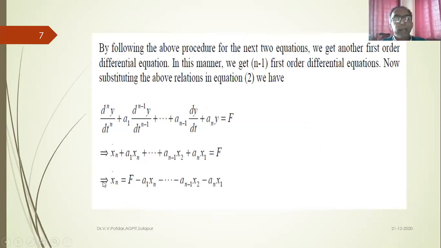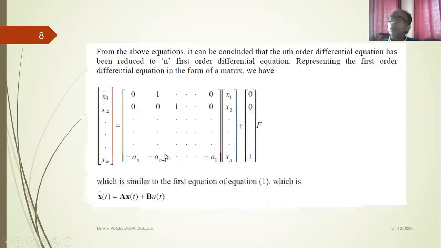That implies xn dot is equal to f, taking all these terms to the right hand side, minus a1 xn minus so and so on, minus an x1. So this is how the higher order differential equation is converted into a set of first order differential equations.